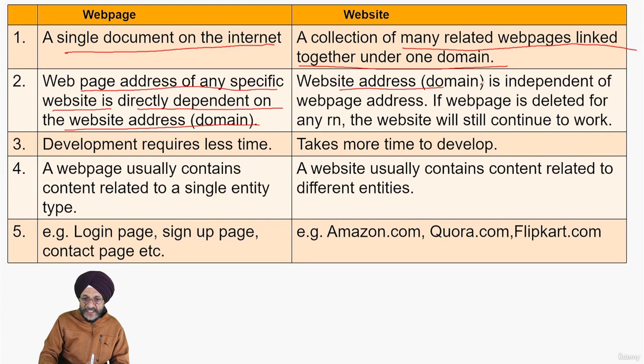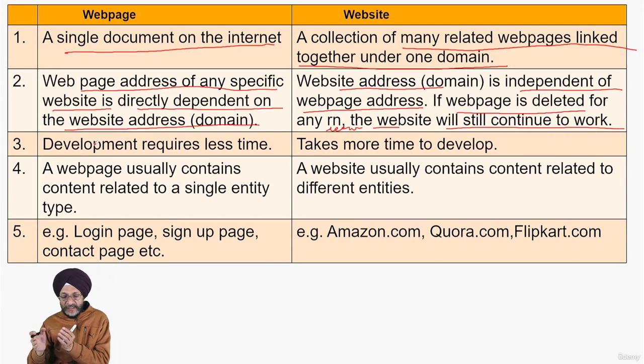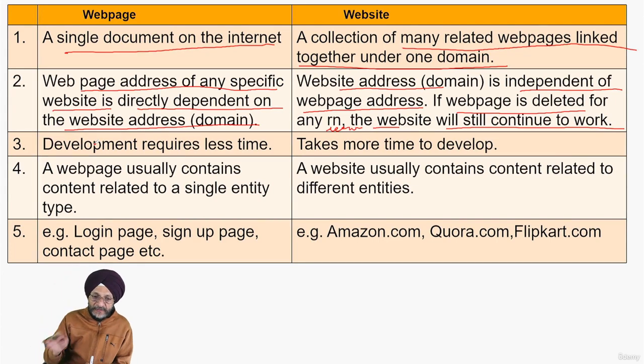Website address is independent of web page address. If a web page is deleted for any reason, the website will continue to work. But if we delete the website, all the web pages which were there in the website will stand deleted.